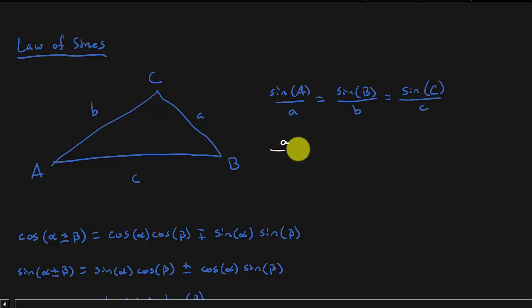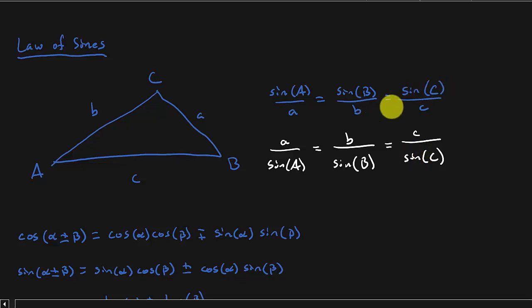And some books will write the law of sines like this, and that's fine. I just typically always write it the first way I had it written. This is the same thing. Okay, you may have seen it like this, and that's correct too. Okay, you may have seen it either way, but that's the law of sines, law of cosines.